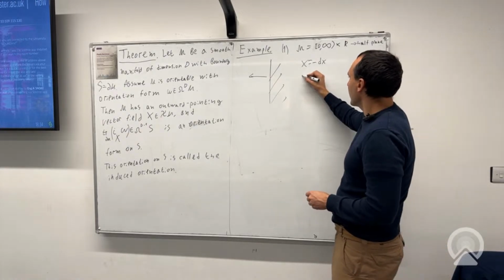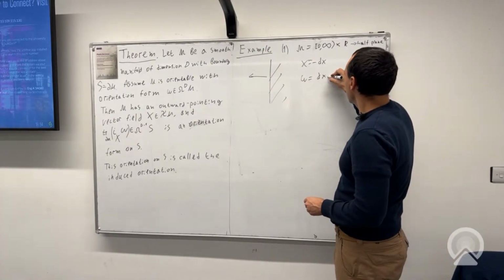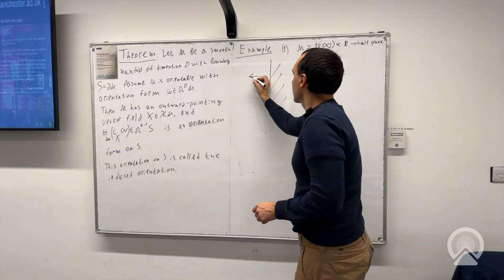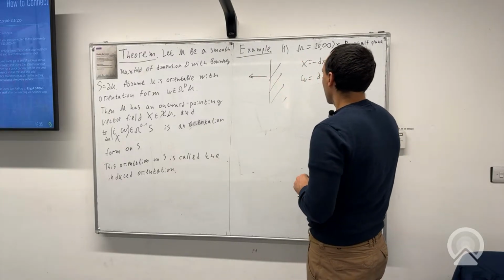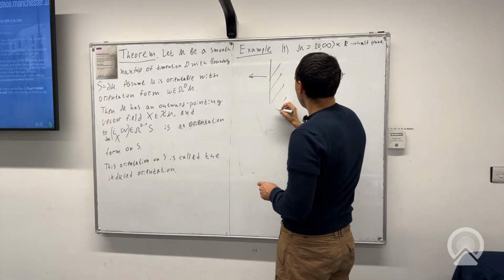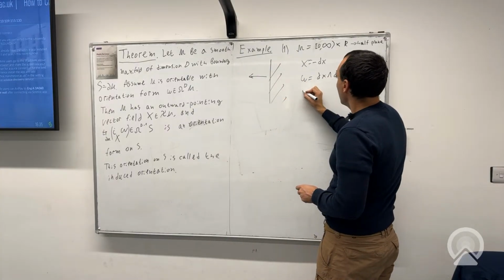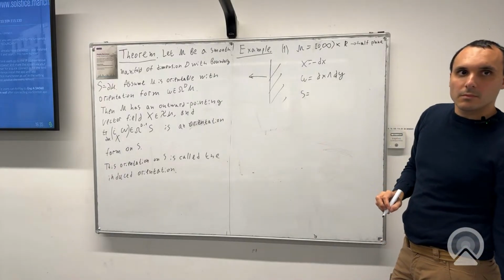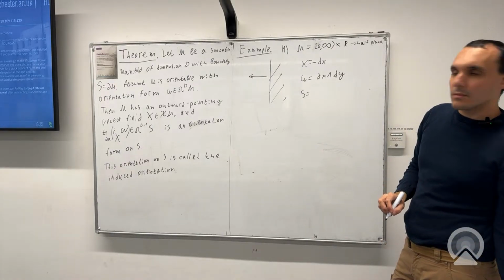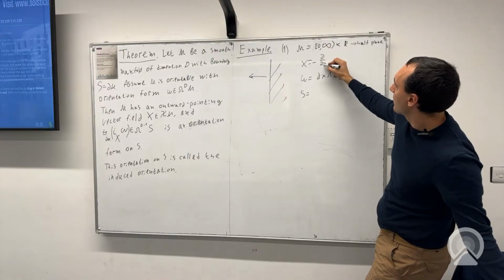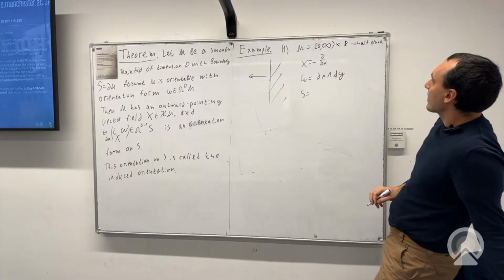And omega will be dx wedge dy. And so on the boundary, so this is the boundary. It doesn't sound like a vector field, it's more like a d dx, sorry.